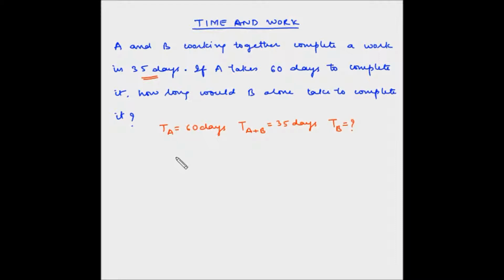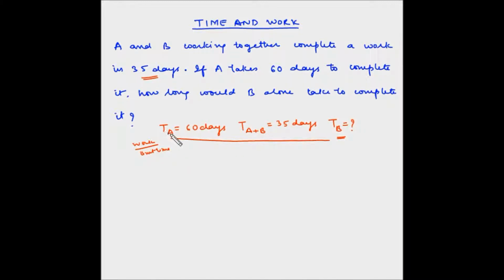Now, in order to find out the time taken by B, we'll have to do calculations on the work done per unit time. So let us convert these into work done per unit time terms.